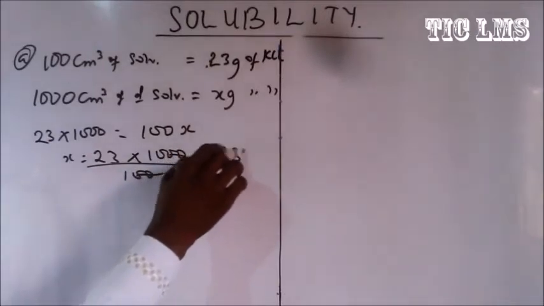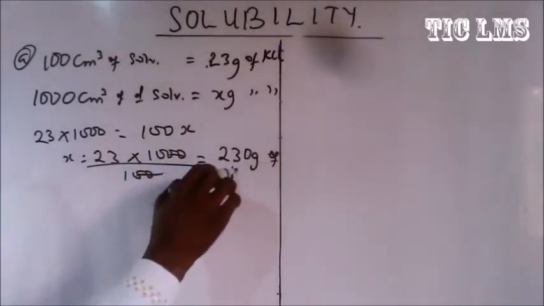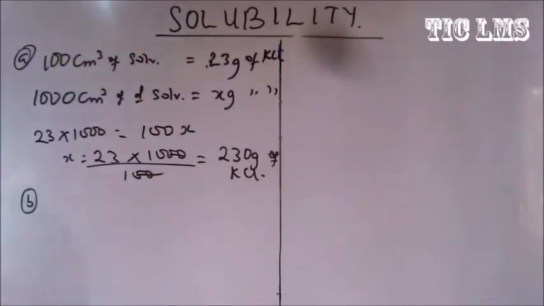So we have 230 grams of potassium chloride. The B part of the question says, what is the solubility of this salt in moles per dm cubed?